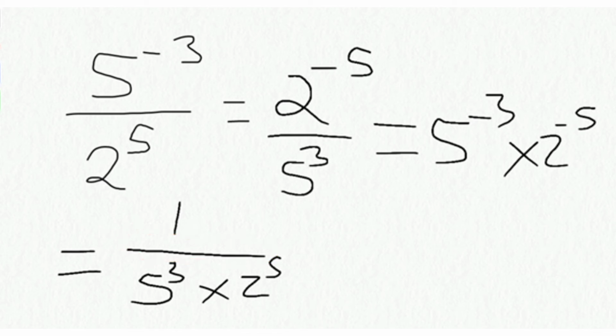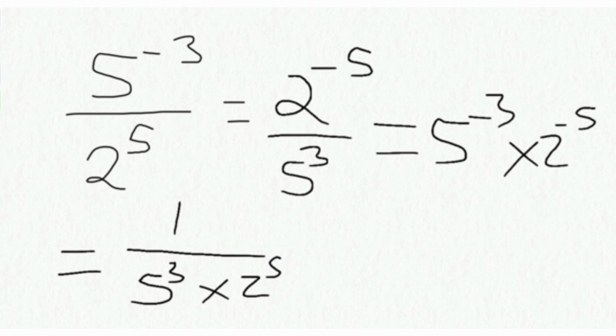Just take note that when a numerator crosses the division line, its index changes the sign. If a denominator crosses the line and becomes a numerator, the sign of its index changes.